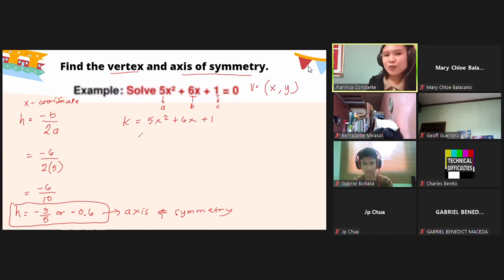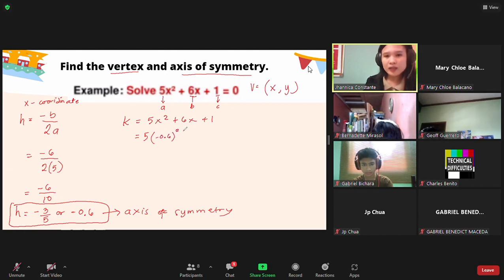We're going to use the decimal since the fraction is not preferred. So 5 times the value of our h or x, which is negative 0.6 squared, plus 6 times negative 0.6 plus 1.